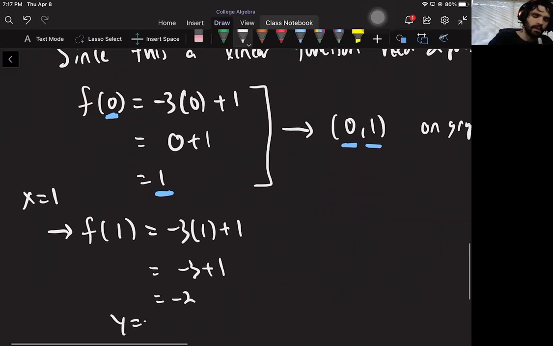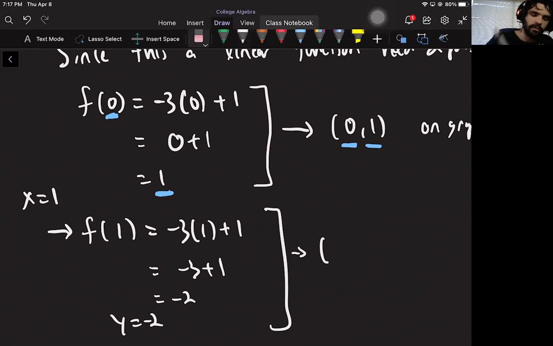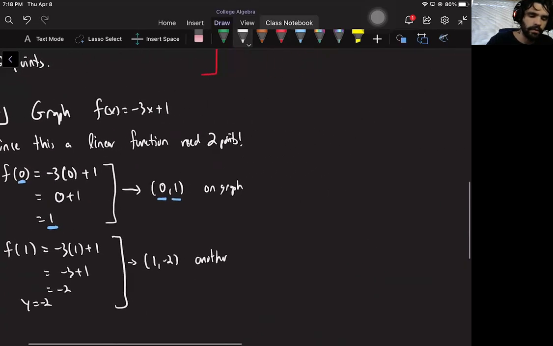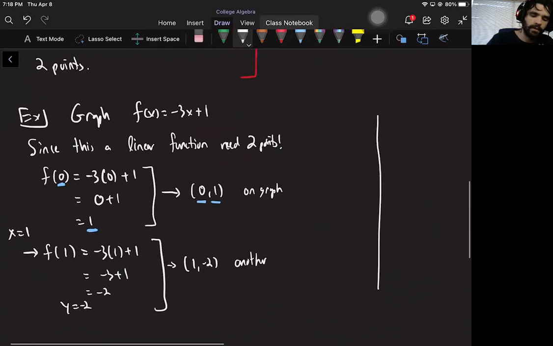So that tells you y equals -2. So this tells us 1, -2 is another point. And luckily, I only ever need 2.